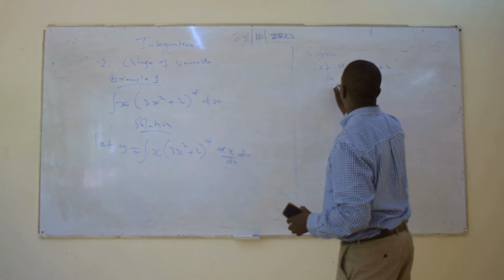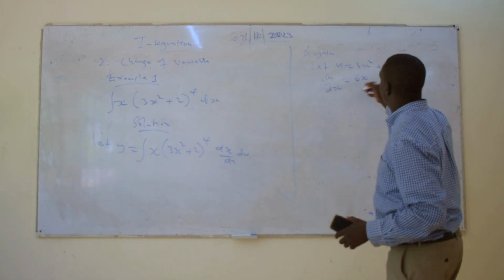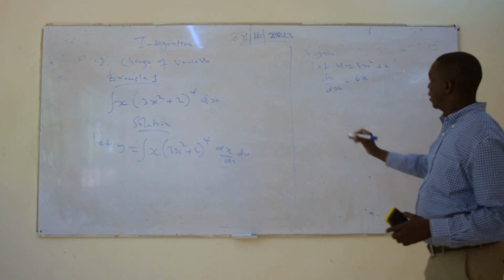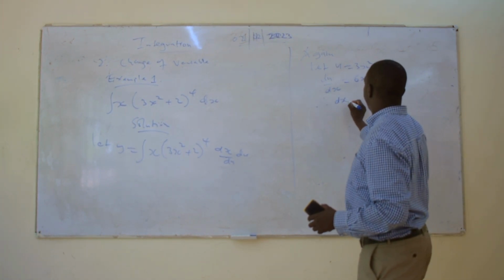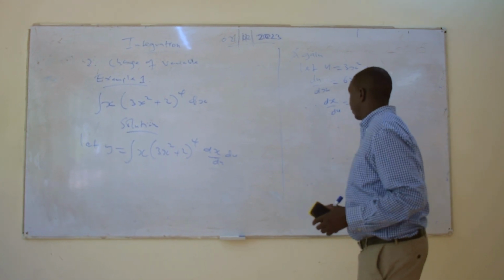Therefore du/dx is equal to 6x, so dx/du is 1 over 6x.